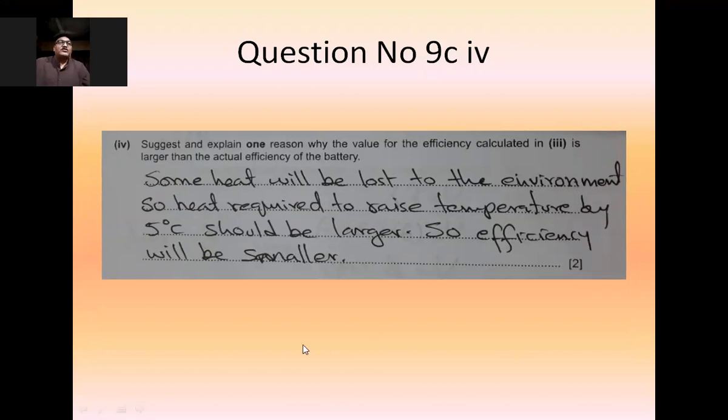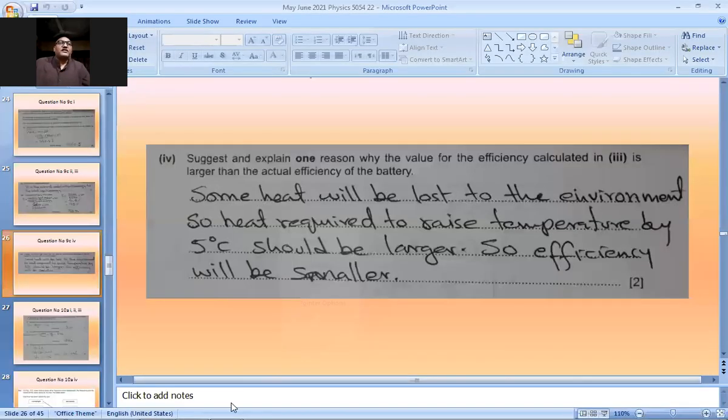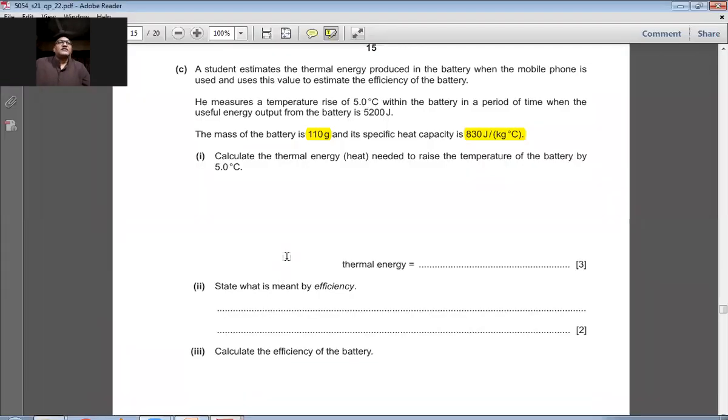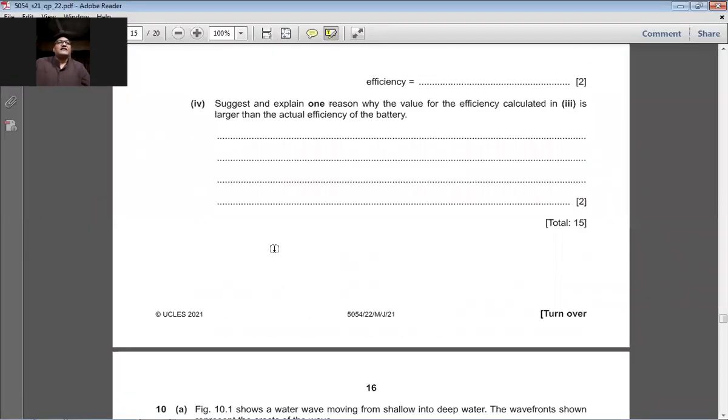The next question coming up, let me show you the question. That was the question. And then it says, suggest and explain one reason why the value for the efficiency calculated in the third part is larger than the actual efficiency of the battery. We thought that the battery is providing the useful output energy plus the heat energy to heat up the cell phone.